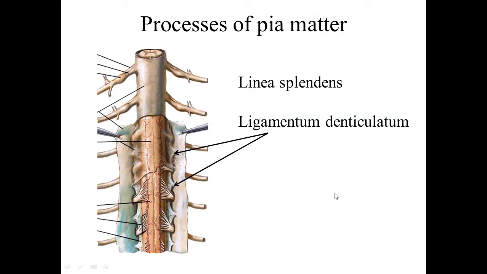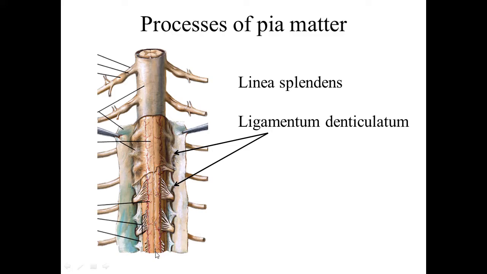Then the second process is the linea splendens. Linea splendens is a septum-like projection of pia mater in the anterior median fissure.